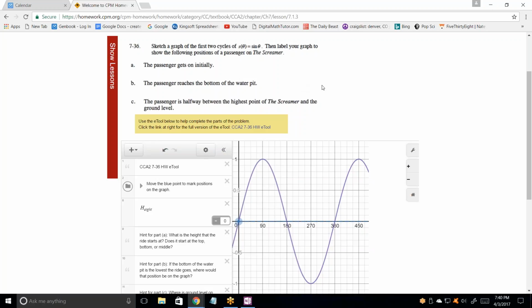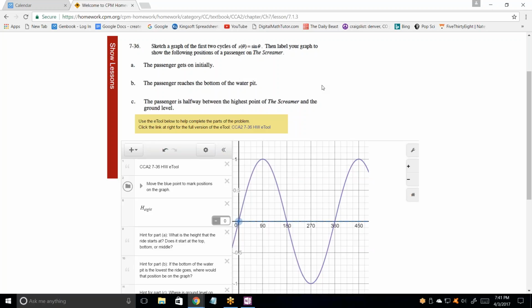In other words, these sine functions or cosine functions can be used to model all kinds of things in real life. You could talk about a water pit ride or a roller coaster or even a circular, what are those called?